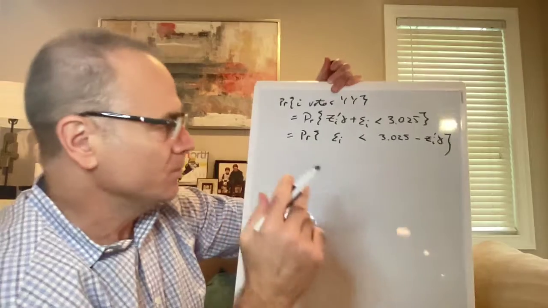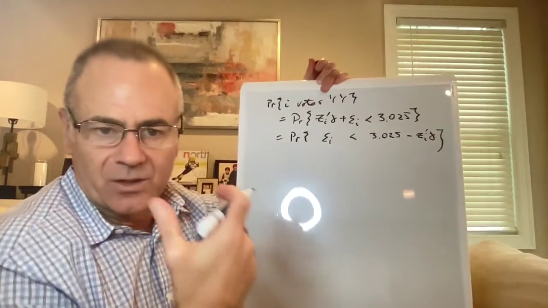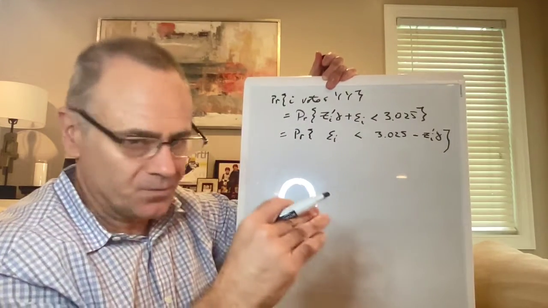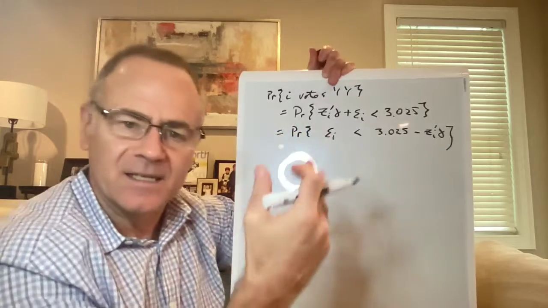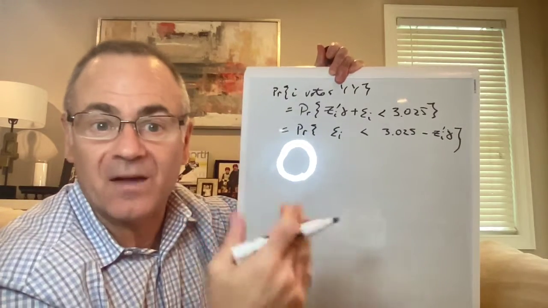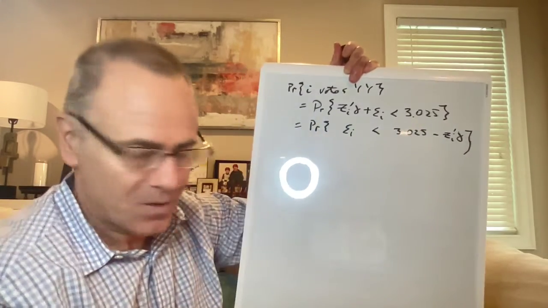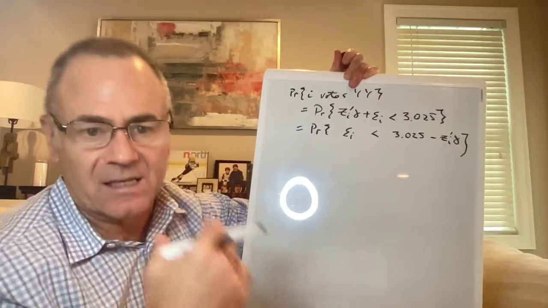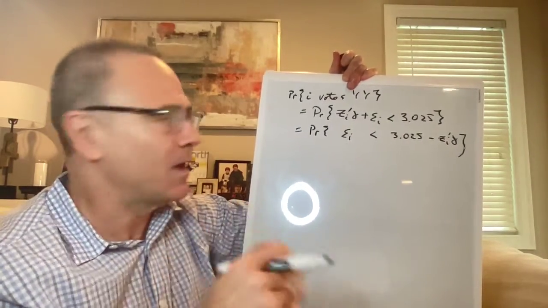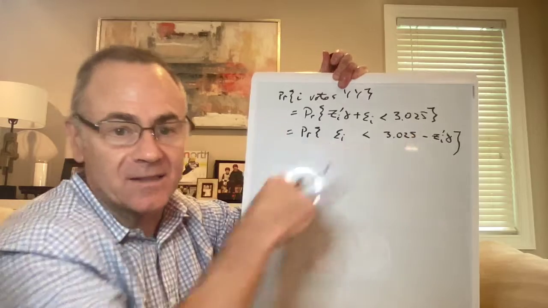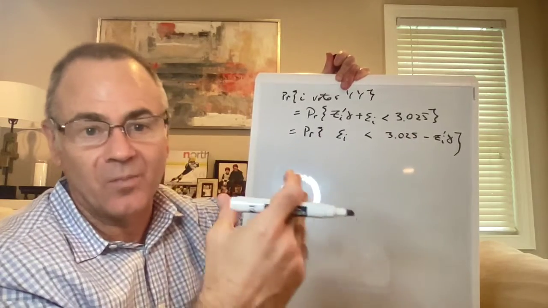Now, remember epsilon I is normal. I want to express this as a function of big phi. Remember, big phi is the standard normal. Epsilon I is not distributed standard normal.